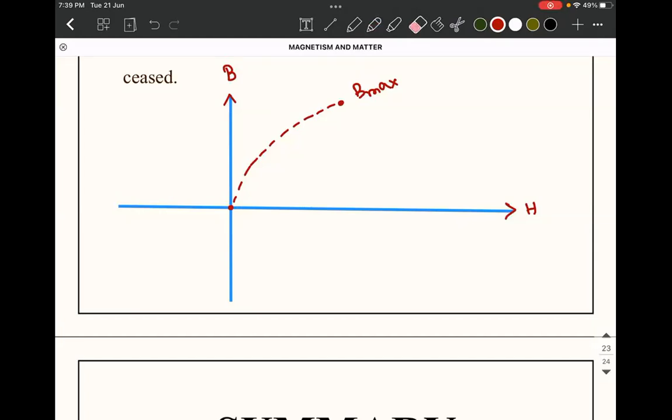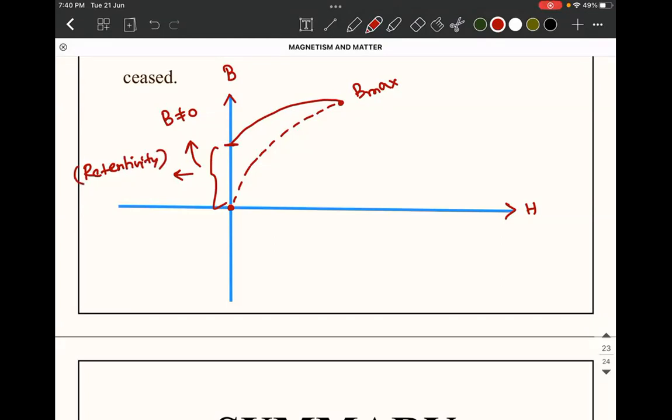But to our surprise, it will not retrace the same path. Rather, it will start bending in this way. It will follow some other path so that when H is zero, there will be some amount of B which is not equal to zero. And this value is what is called retentivity.